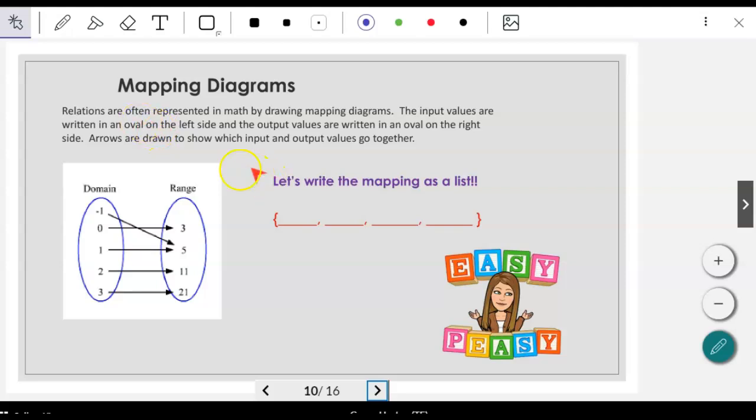Mapping. All right, so let's write the map as a list. Sometimes these can be confusing, but if you write it as a list, it can help you understand it better. So this -1 goes with this 5. We're going to write that ordered pair: -1, 5. This 0 goes with the 3.